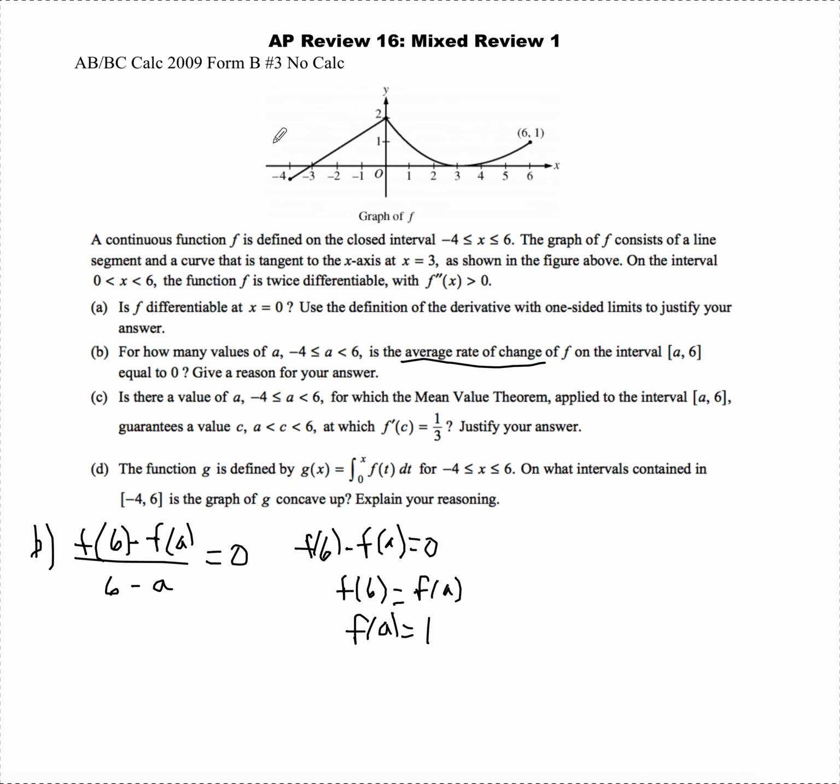For how many a values is this function going to be equal to 1? Oh, that should be continuous there. Equal to 1. It looks like twice. There's two places where f of some x value equals 1. There's 2 times. So I'll say there are two values of a for which this is true.